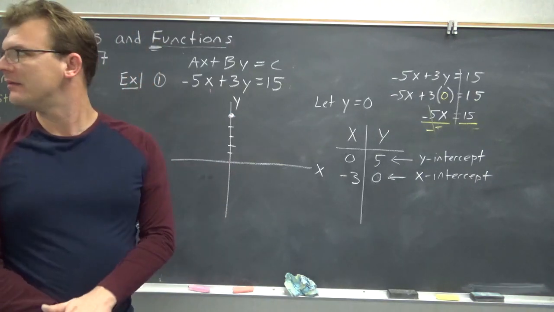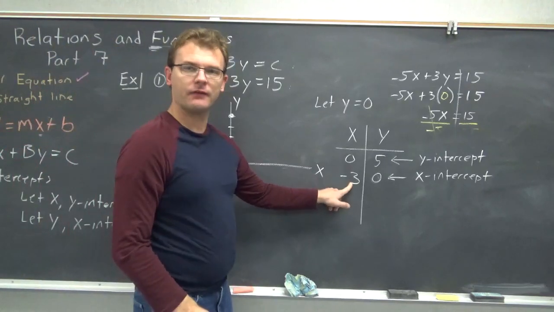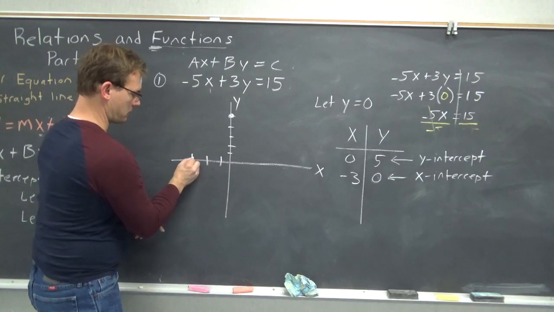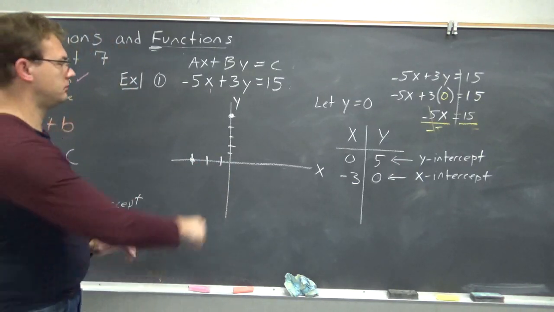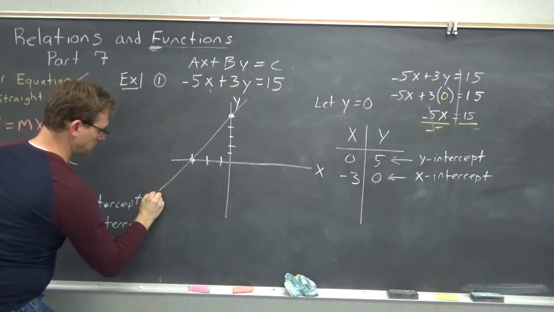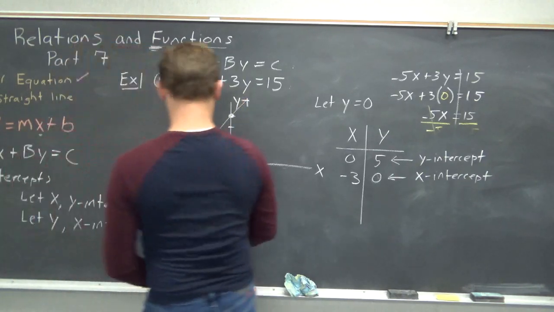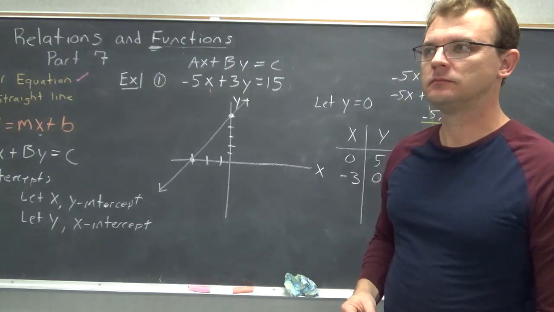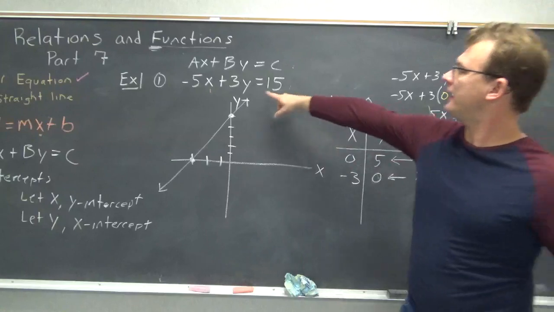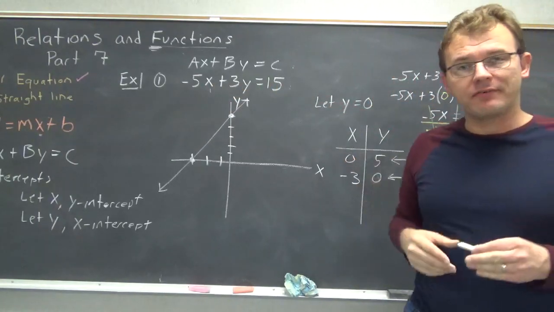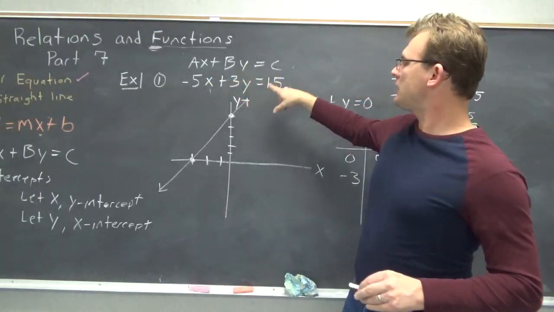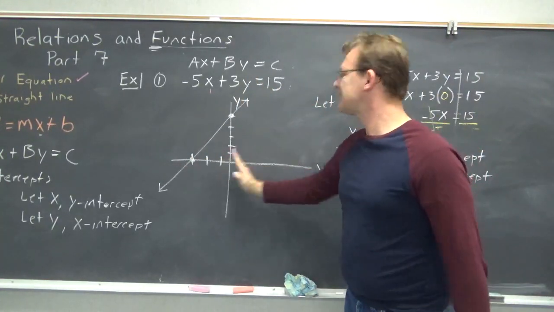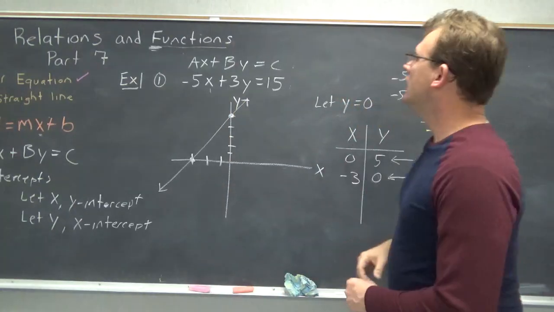There's the y-intercept. Negative 3, 0. There's our line. And that is what we're trying to graph. We're trying to graph this equation from our intercepts. Where does it intercept the x and the y?